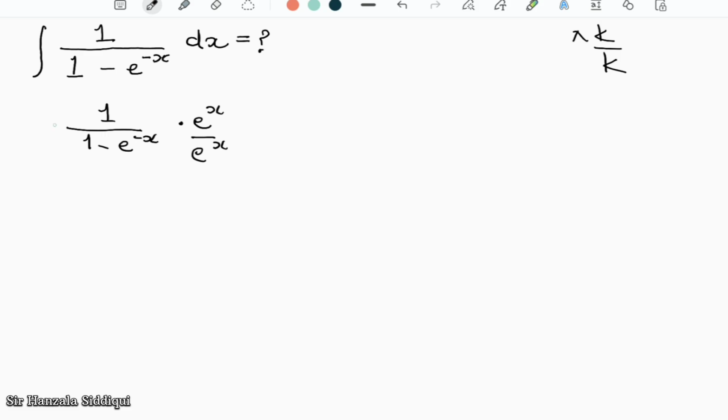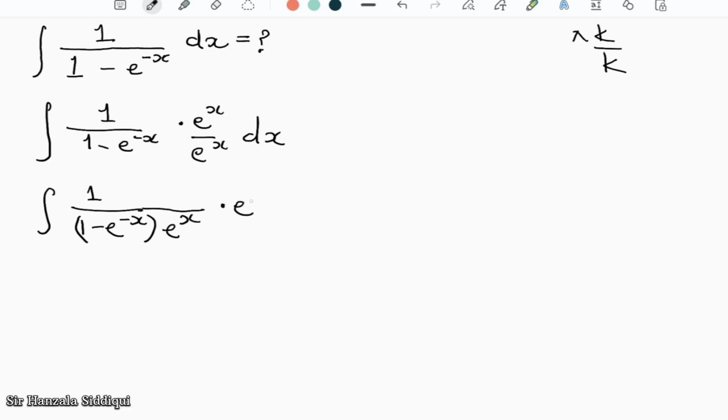Now we write the integral sign and the dx here. So the next step is we write the integral sign, then 1 over 1 minus e to the negative x in brackets, and this e to the x is multiplied. The denominator stays, and the numerator 1 is written here, split.